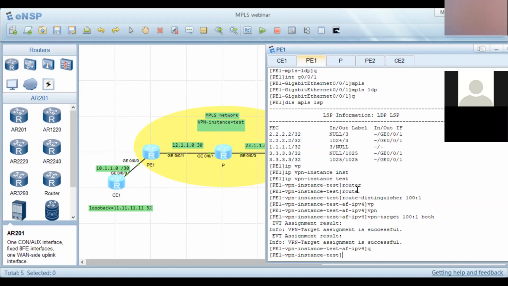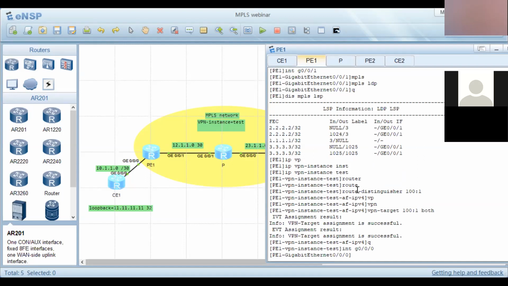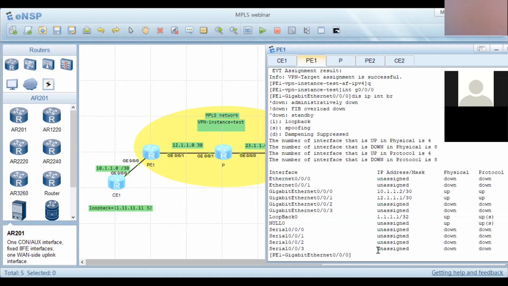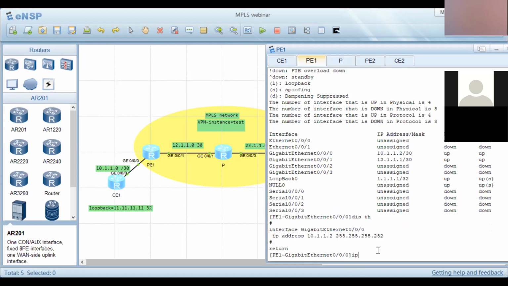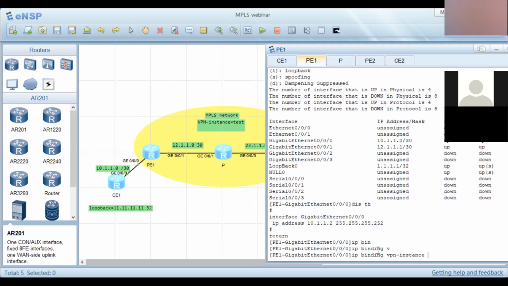And after we finished creating the VPN instance, we will bind this interface. We'll bind this VPN to the interface that is connecting to the customer edge. That means G0/0/0, display IP interface brief and IP binding VPN instance test.